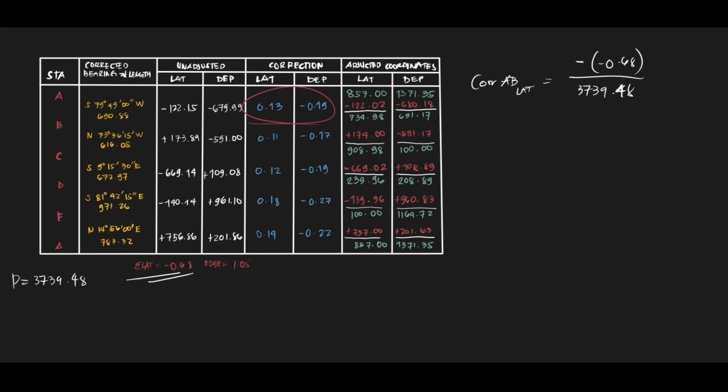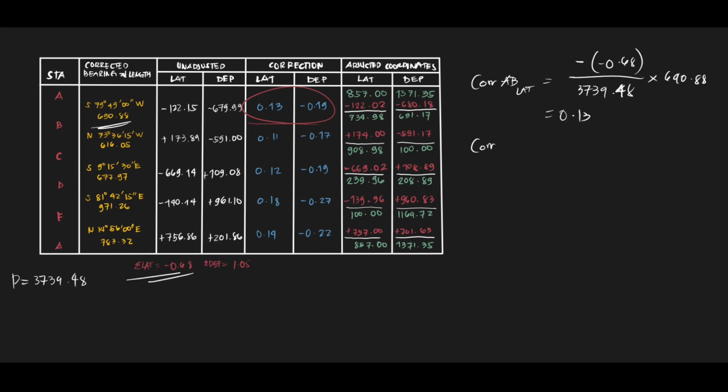So you divide the summation of the latitude, or the error, by the perimeter, and then you multiply it by the length, which is 690.88. Okay, so if you do that, you will get a value of 0.13.